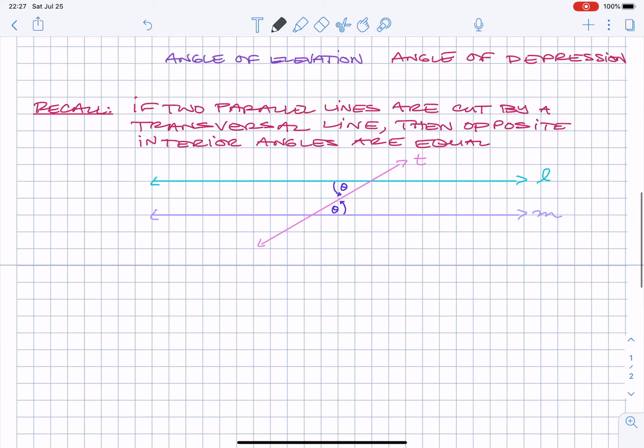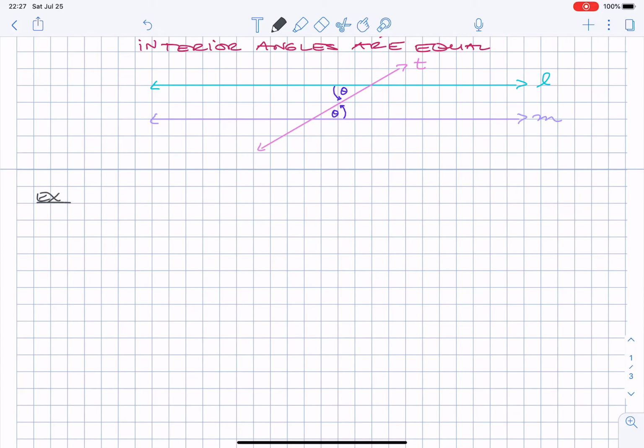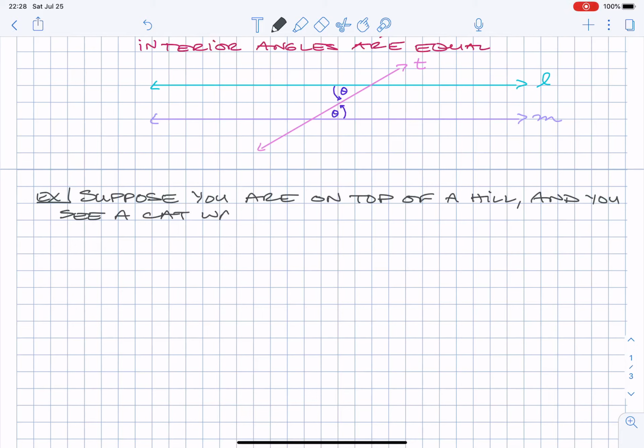Okay, so now that we're done with that, let's do some examples. So for example, suppose you are on top of a hill, in the days when you were allowed to go hiking, and you see a cat walking below at an angle of depression.